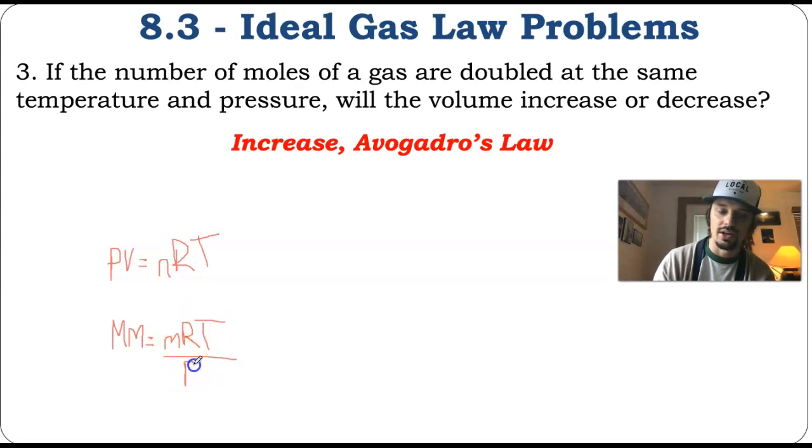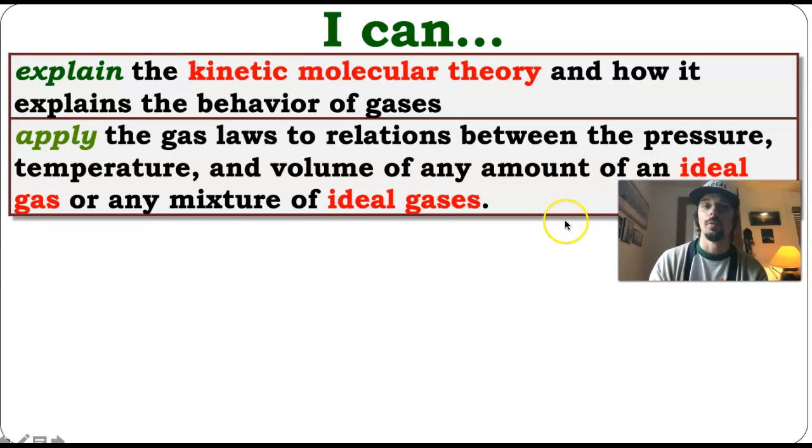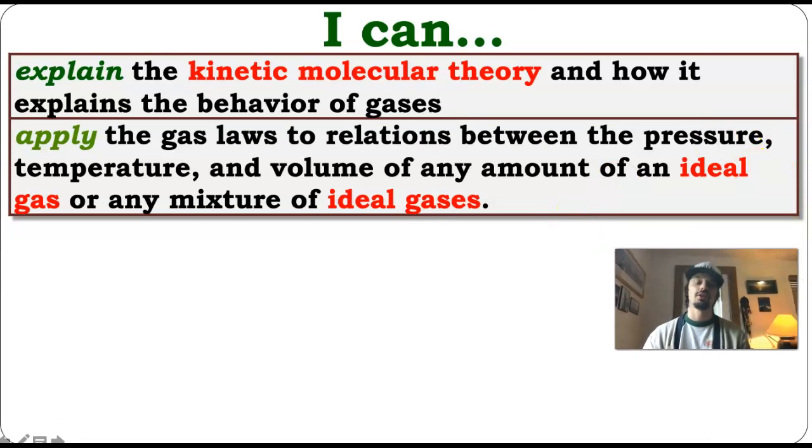So these are the two equations we're going to use this worksheet, and hopefully, again, it makes sense once you start doing these problems. The more you do, the better you'll be. Okay? So our goal was to understand the kinetic molecular theory and apply that to the ideal gas law.